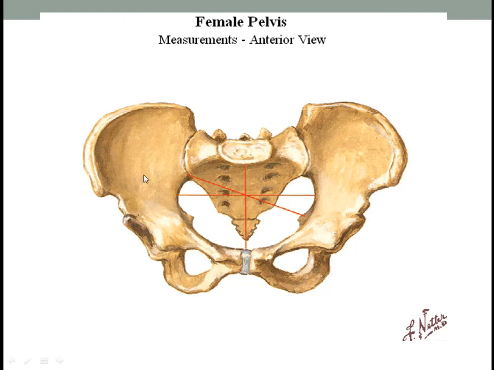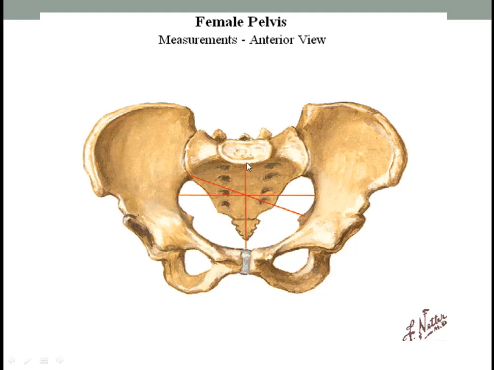This is the right hip and this is the left hip, and between them we have the sacrum, and here the coccyx. This is the sacroiliac joint between the ilium and the sacrum. The hip, as we are going to see, is formed of three bones: the ilium, the pubis, and the ischium.